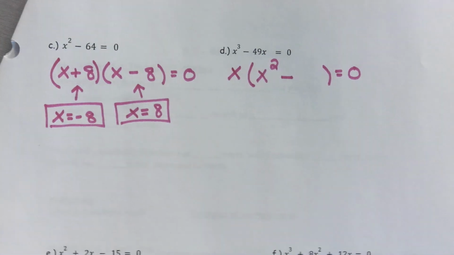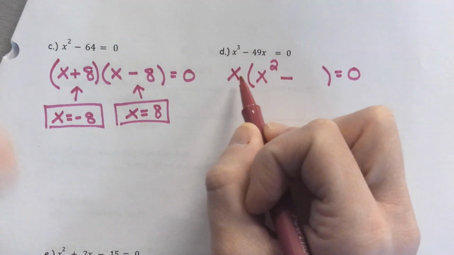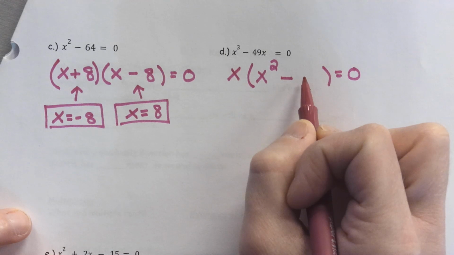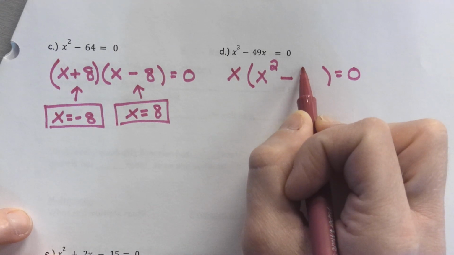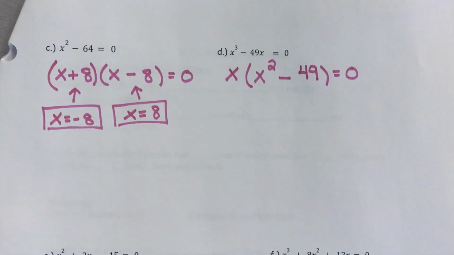What do I need to multiply by x to get to 49x? X times 7. x times what? You're close. X times what is 49x? I think you're thinking too hard. It's just going to be 49, right? So if you take x and you multiply it by 49, you're going to get 49x.